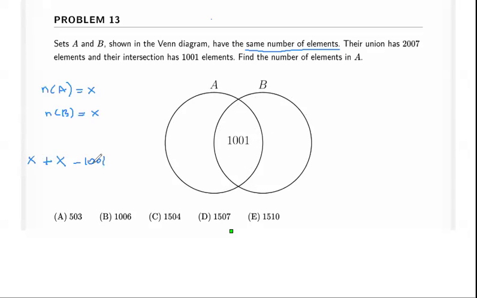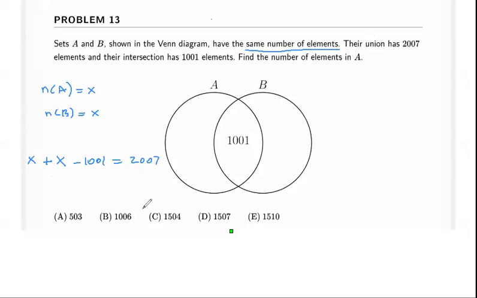When I say X, that is taking this 1001 as well, and when I say second X, that is also taking this 1001, which means we are over counting. So if you subtract one of these 1001, you add everything once. And then we are told this is equal to 2007 elements.